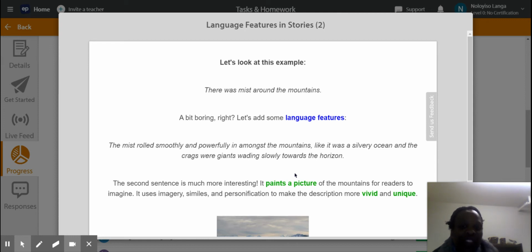The thing about this sentence is that it basically means there was mist around the mountains. Okay, it's quite literal.